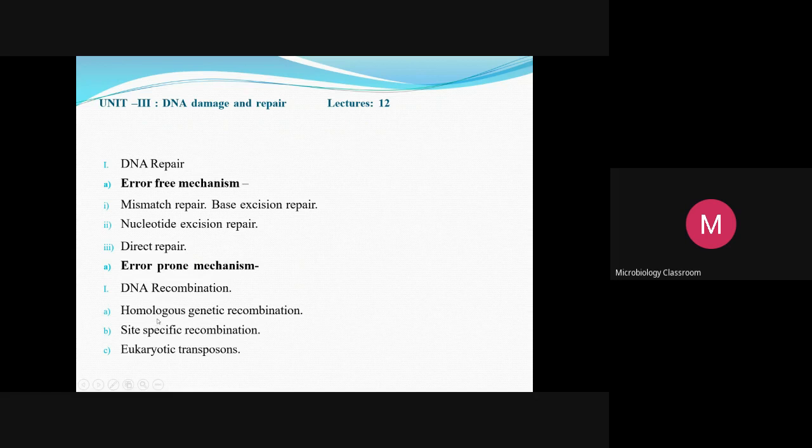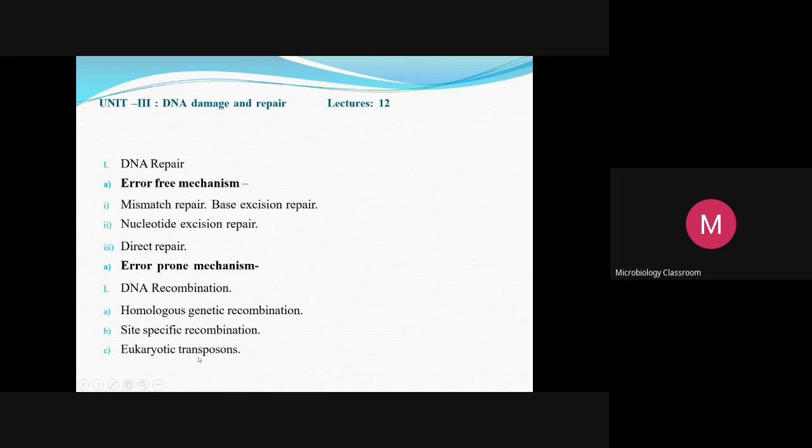Then homologous genetic recombination is there. Then site specific recombination, the mechanism of site specific recombination is very important here. Then eukaryotic transposons, the point is in the syllabus.